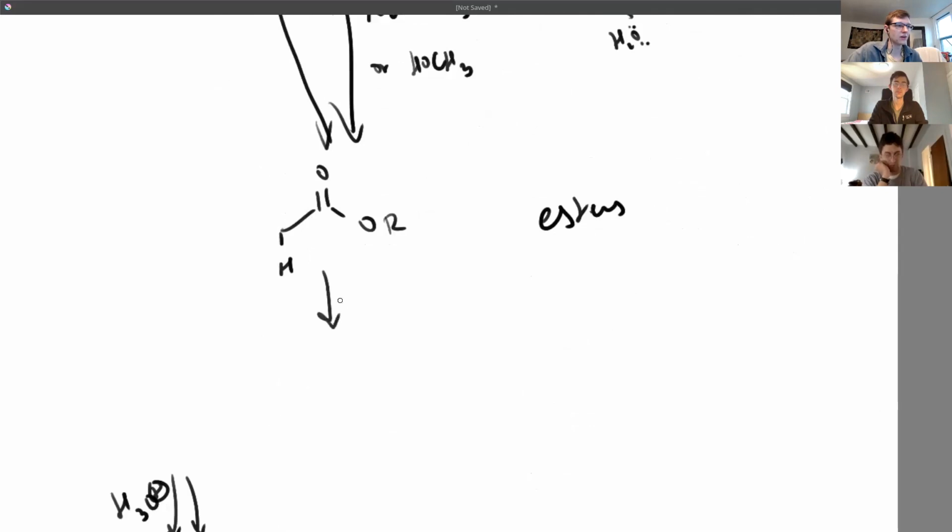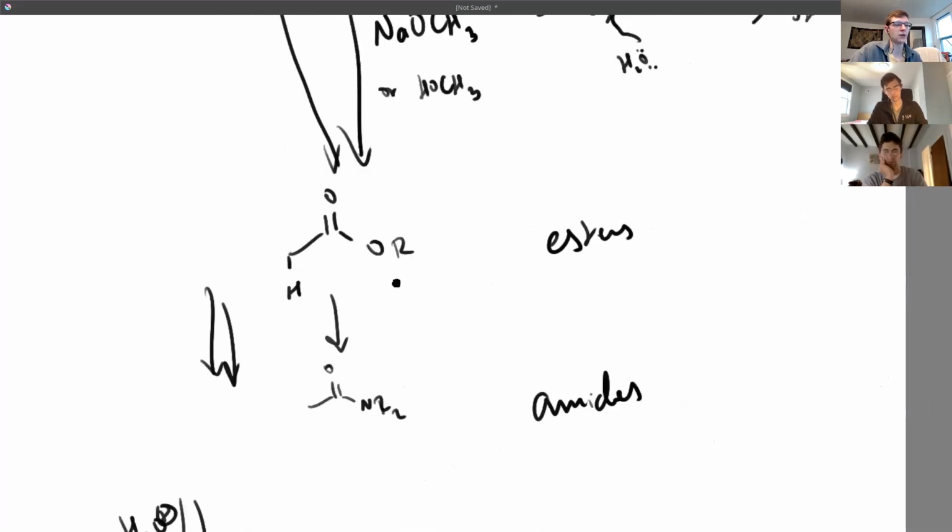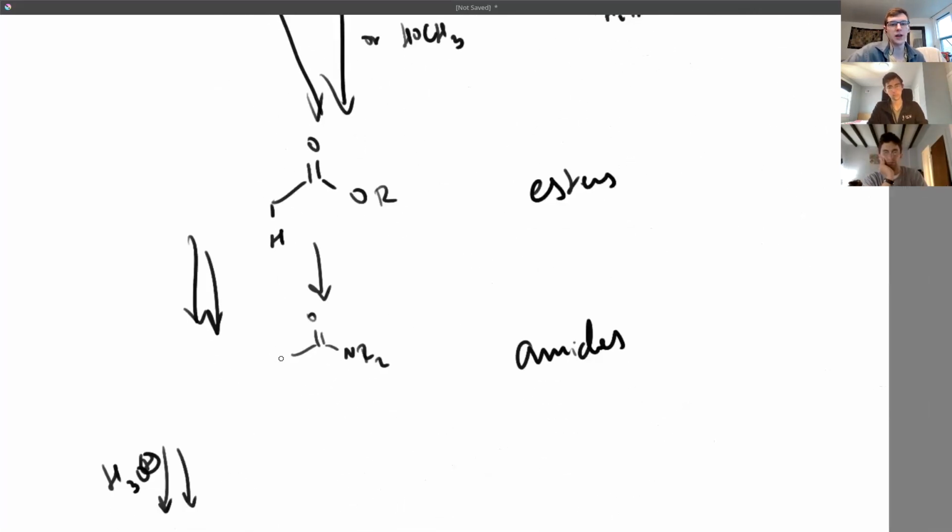From there, we can make amides. Going up from anhydrides or acid chlorides, going down to amides, or going from an ester to an amide, both are kind of the same situation, right?